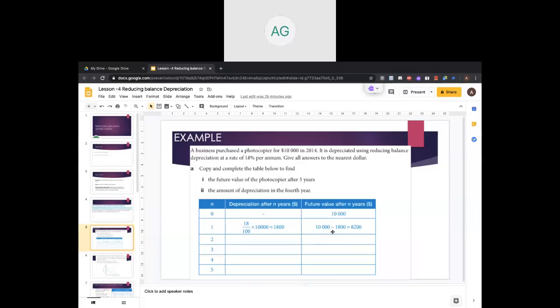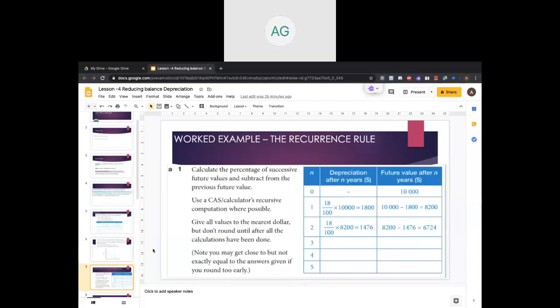So what is going to happen next year? You take that 8200 and do 18% of 8200. You can see the first one is 1800, and then the next year we do 18% of 8200. We are not going to deduct 1800 all the time as we used to do in the flat rate.